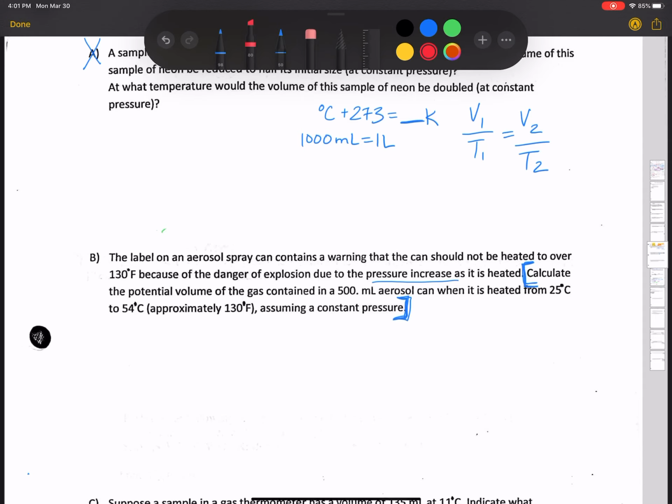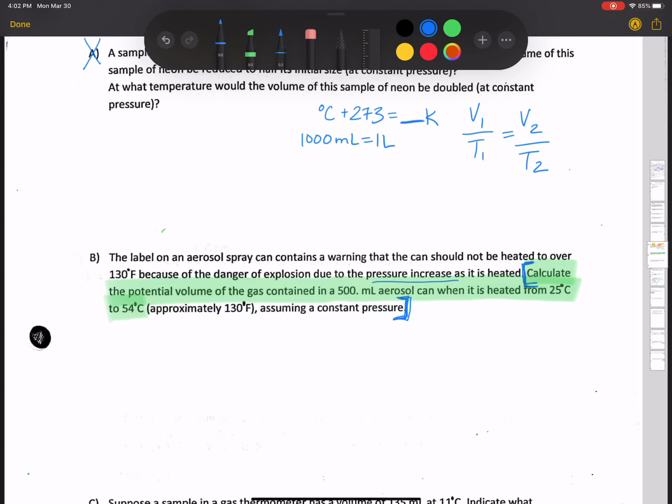So what's important for us is the actual part of the question. And so that part starts here where it says, calculate the potential volume of the gas contained in a 500 milliliter aerosol can when it's heated from 25 degrees Celsius to 54 degrees Celsius. Notice that I stopped highlighting at a certain point because the rest of that information in the question doesn't really apply to us.